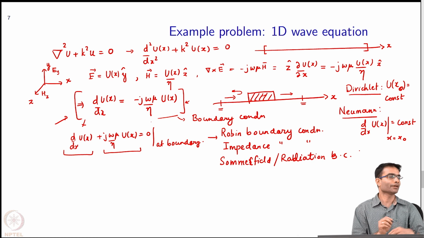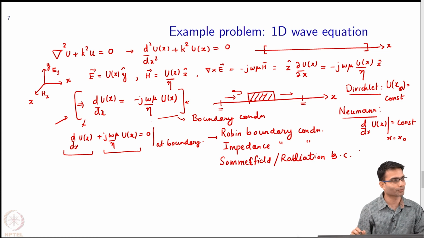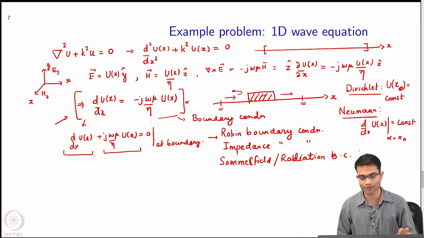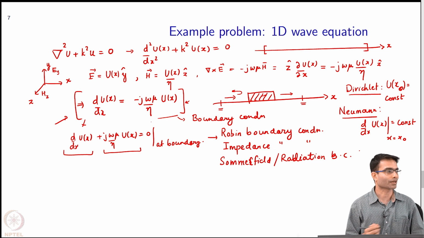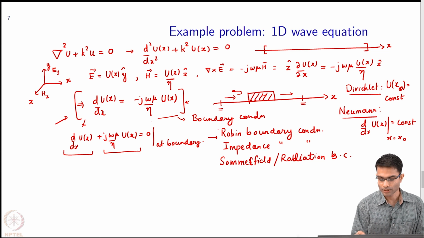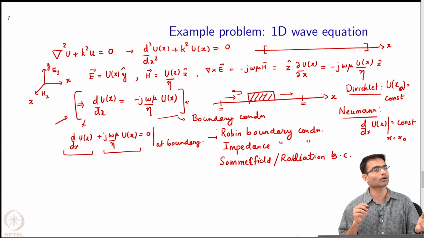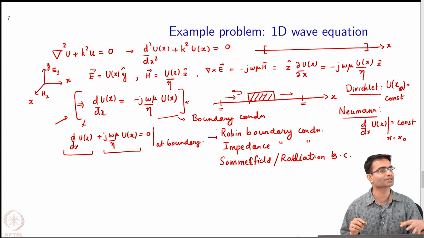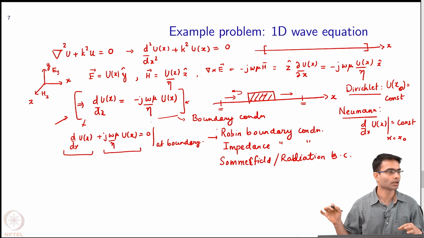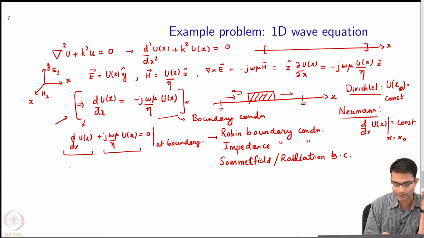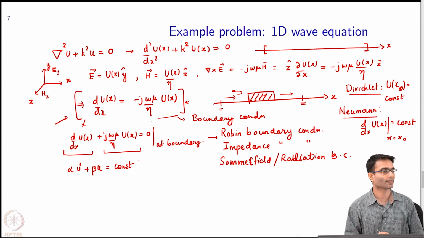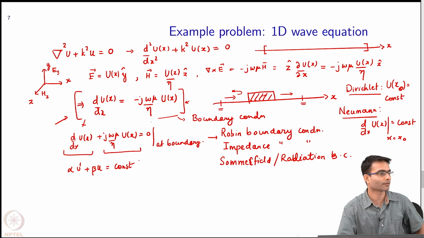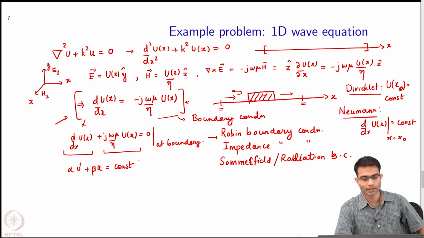Every community rediscovers this boundary condition and gives their name to it. The circuits people call it an impedance boundary condition, scattering people call it a radiation boundary condition. But the idea is that you have a linear combination of the function and its derivative being set to a constant. In general it is alpha u prime plus beta u is equal to a constant. This is the kind of boundary condition that we have.